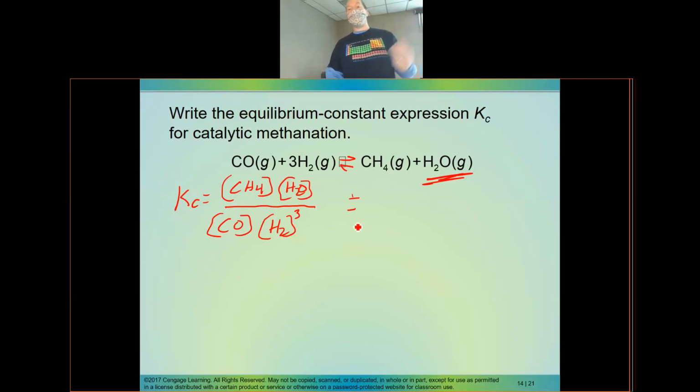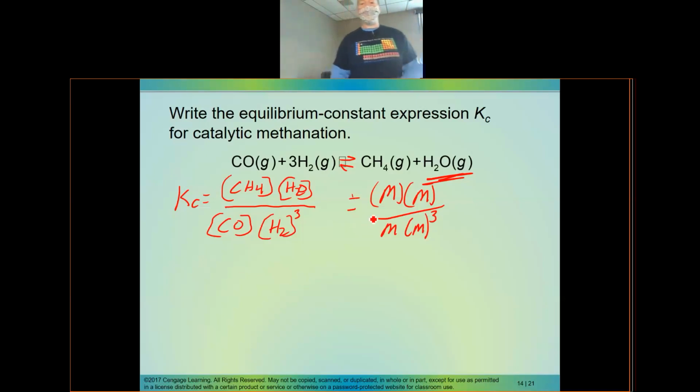However, in lab, I will ask you, what are the units for Kc? So there are units sometimes, sometimes there's not, because it's molarity times molarity divided by molarity, and then molarity to the third. If it happened to be molarity times molarity on top and molarity times molarity on bottom, there wouldn't be any units.